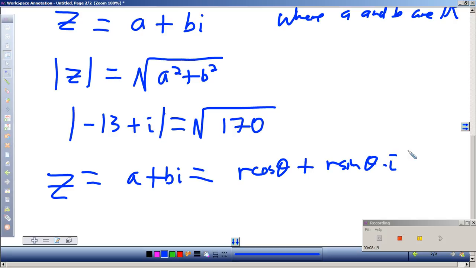And normally, the notation we use, we factor out that r, so it's r times cosine theta plus i sine theta. And that's another way of writing it. So the i is just multiplied by the sine. It's not theta times i, if I put the times here, so I differentiate it. So the i is within the parentheses with the sine theta.